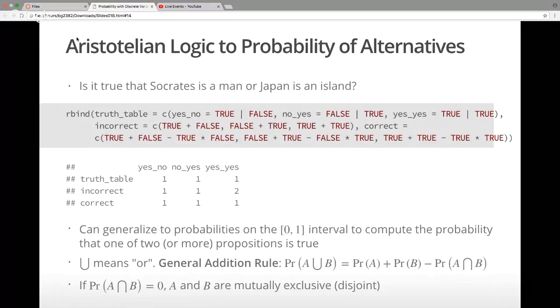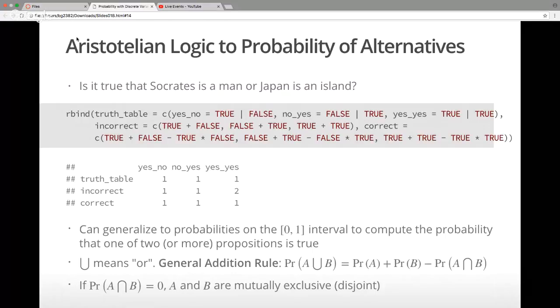But it's common, not always, but in a lot of situations, the probability of A and B being true both simultaneously is 0, in which case we say A and B are mutually exclusive, or sometimes we say A and B are disjoint. That means the same thing. And if this third piece is 0, then the probability that A or B is true is just the sum of their respective probabilities.